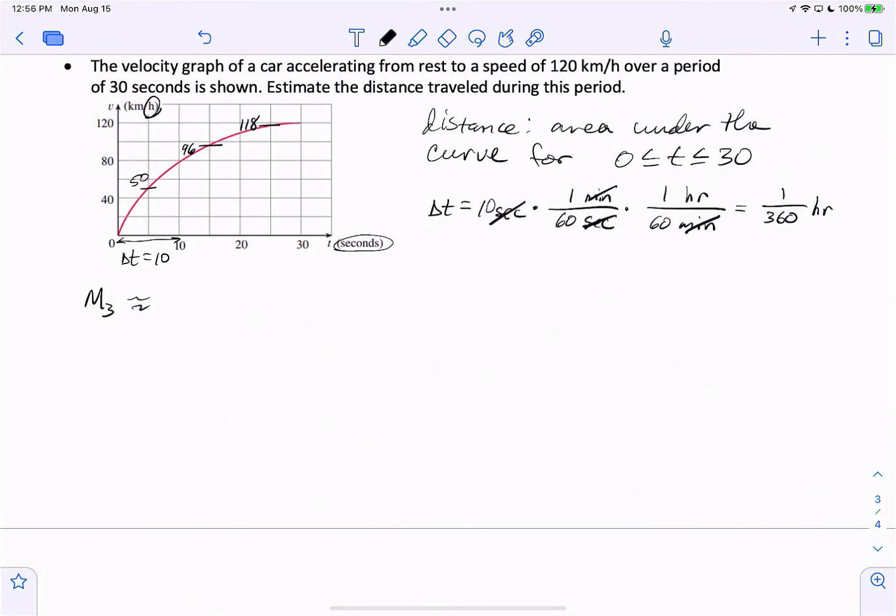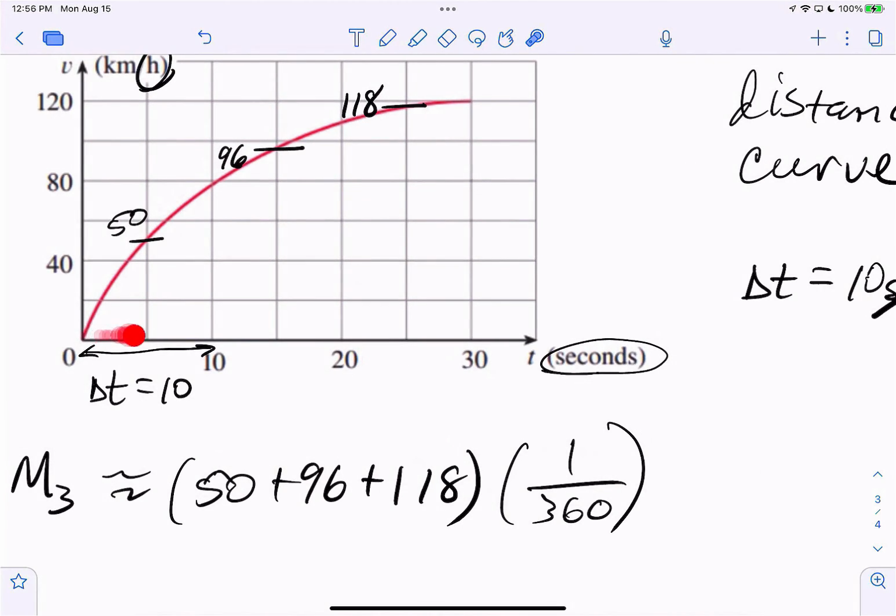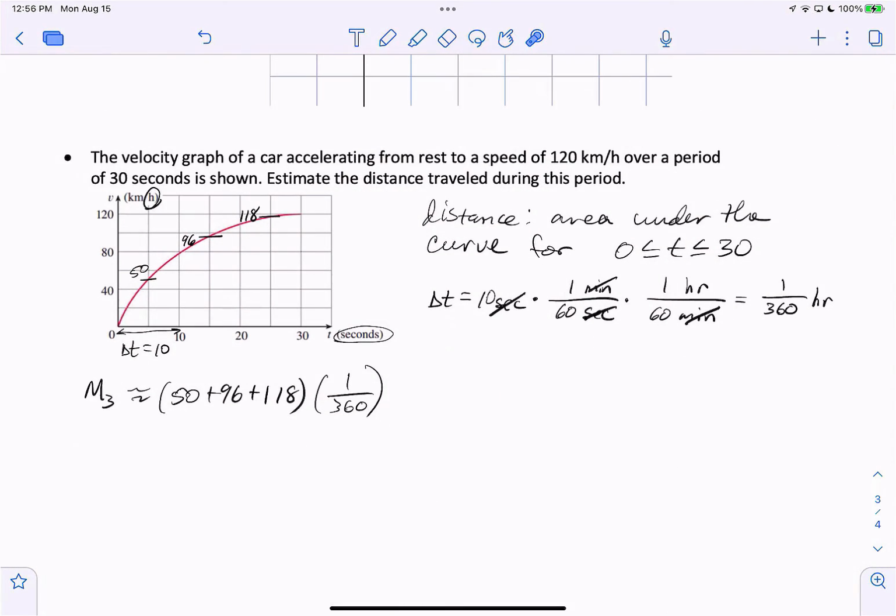M sub 3 is then going to be 50 plus 96 plus 118 times 1 over 360. You may get a different result if you use a different delta t, or if you use left endpoints versus right endpoints. This is really about the process. I get that this is approximately 0.73.